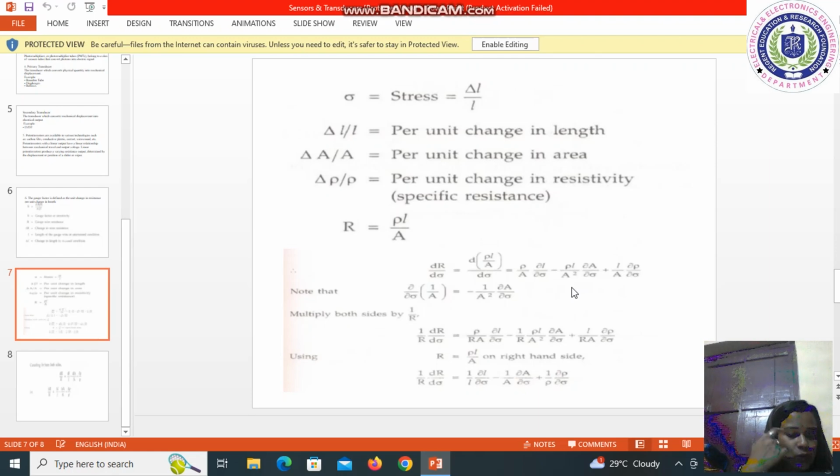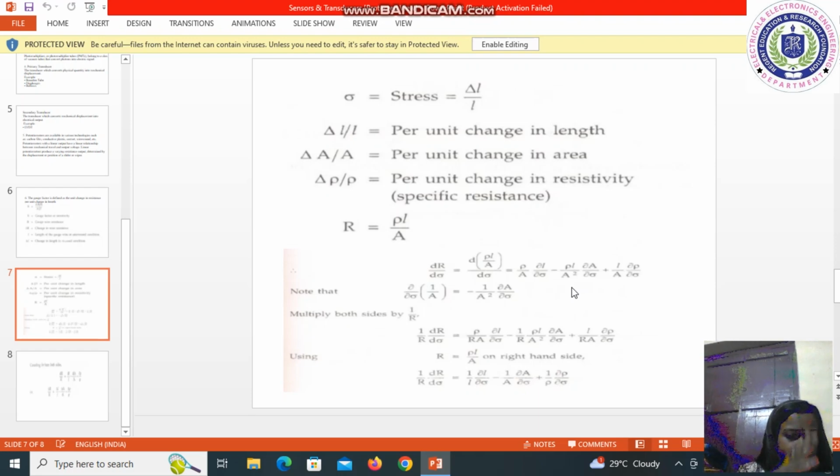Now R is equal to rho L by A, so on the right hand side, (1 by R) dR by d sigma is equal to (1 by L) into del L by del sigma minus (1 by A) into del A by del sigma plus (1 by rho) into del rho by del sigma.